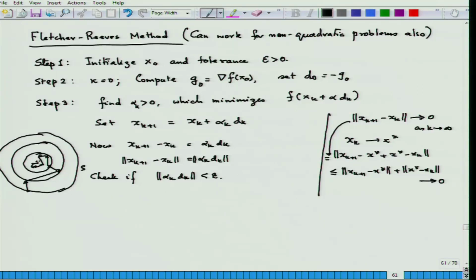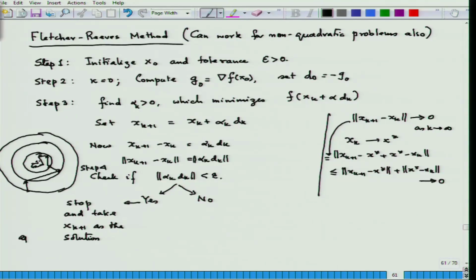Step 4. There are two answers to it, yes and no. If it is yes, stop and take x k plus 1 as the approximate solution.